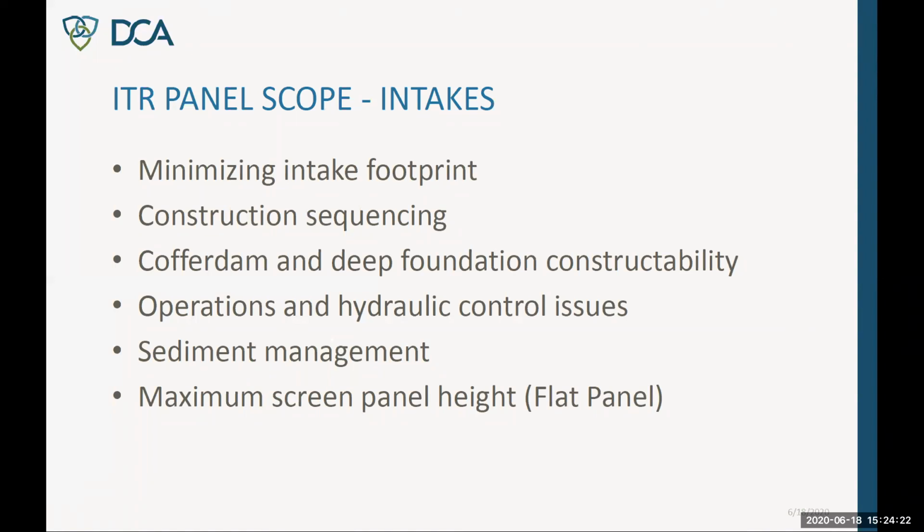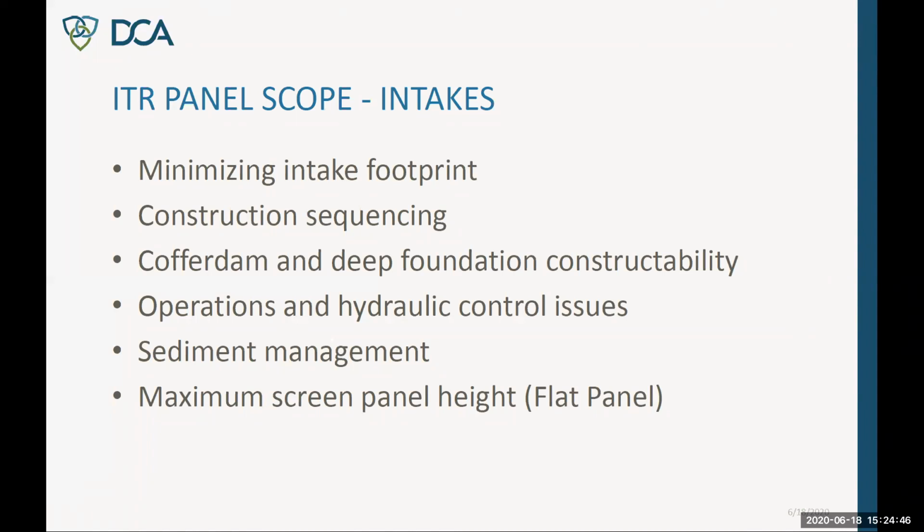Obviously, with our O&M representative from PG&E, one of the main things we were interested in was whether they had any operations and hydraulic control comments on how we were proposing to do it. Sediment management is a major issue on all these intakes, so we're always interested in anybody's ideas and experience on that.